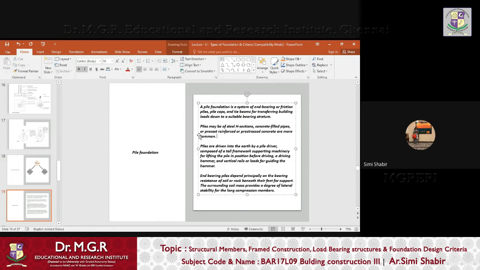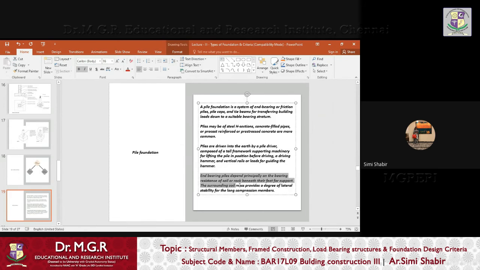Pile foundations may be of steel H sections, concrete filled piles, precast, reinforced, or pre-stressed concrete, etc. They are driven into the earth by a pile driver composed of a tall framework supporting machinery for lifting the pile in position before driving, and a driving hammer and vertical rails or leads for guiding the hammer.